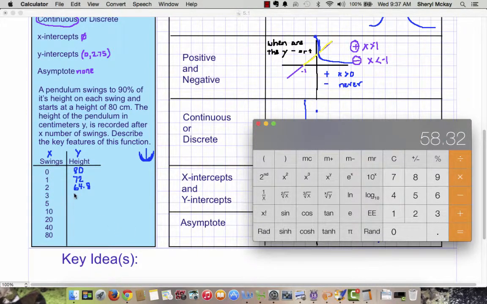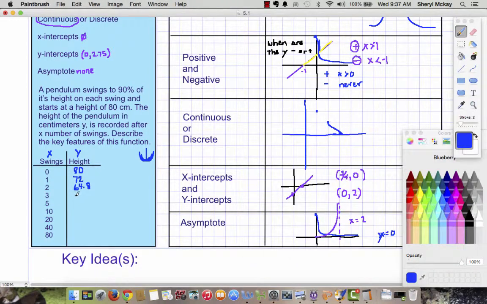Did you find out that it's 58.32? Now, how are we going to figure out what the fifth swing is? Because we just missed the fourth swing. The fourth swing isn't listed here.